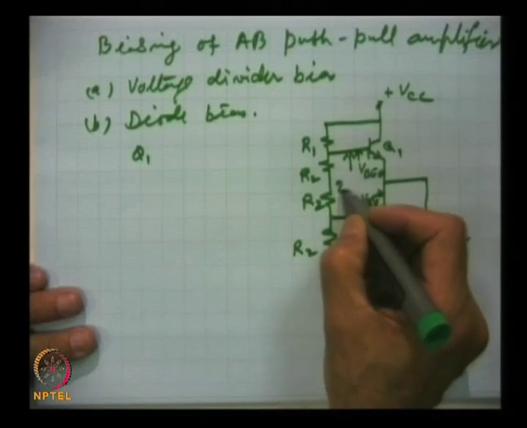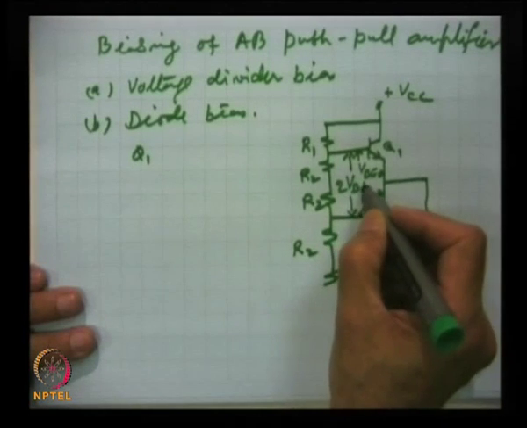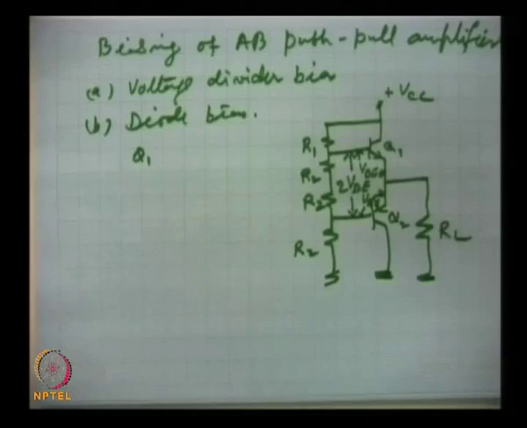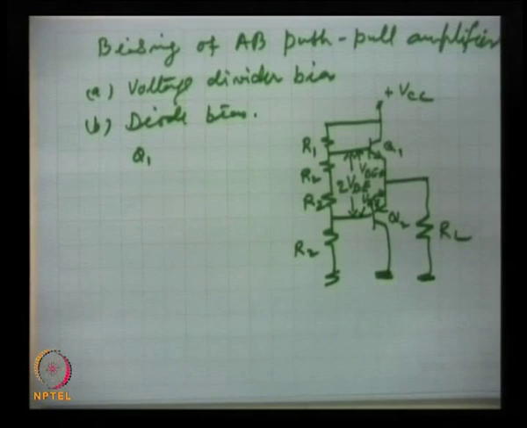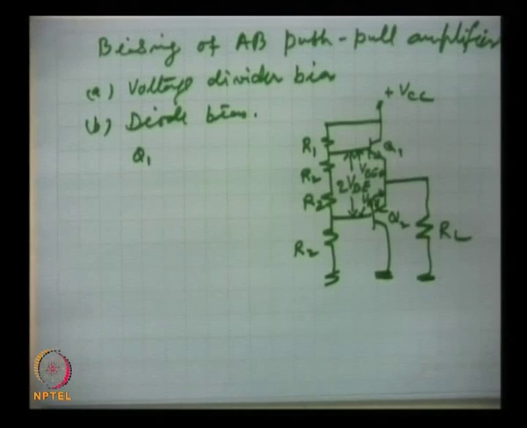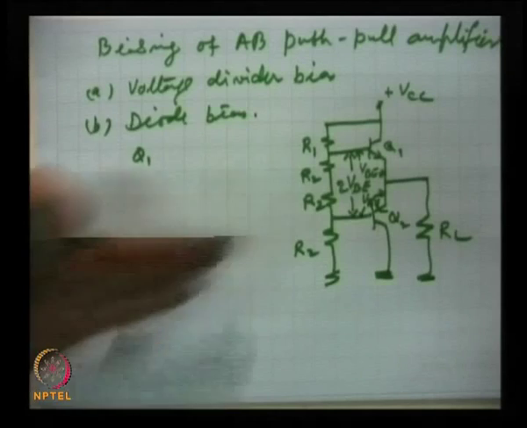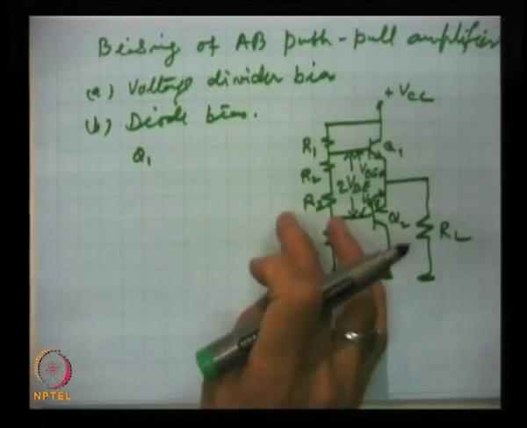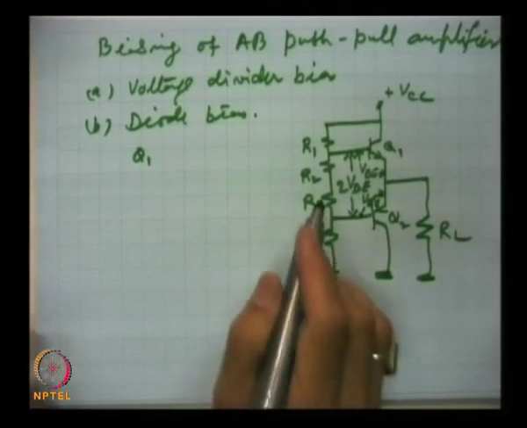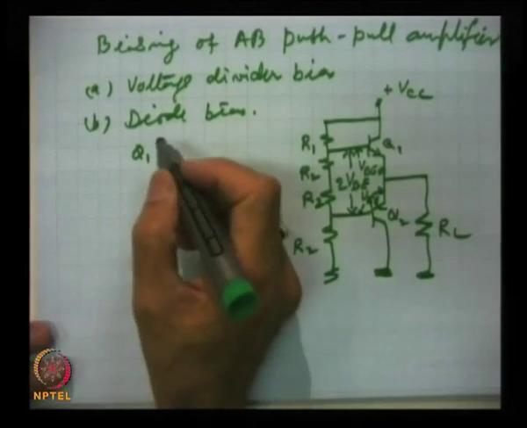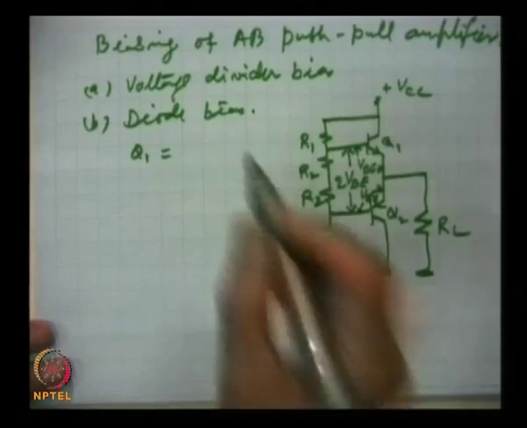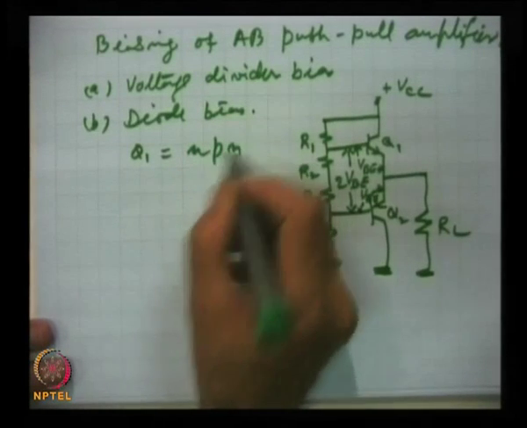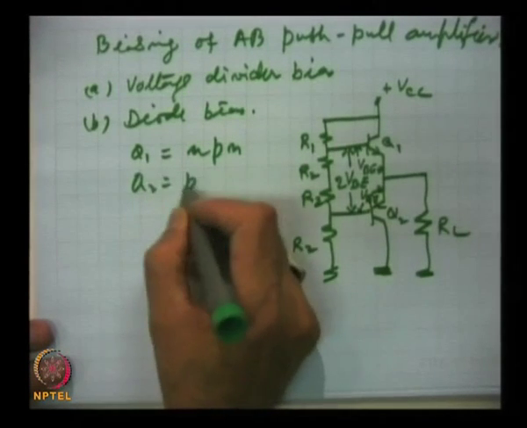That means 2 VBE. So, we have done voltage divider bias in the normal small signal amplifiers. By a very simple means we can calculate this resistance R2 which is to be used, and Q1 is of NPN type and Q2 is PNP type.